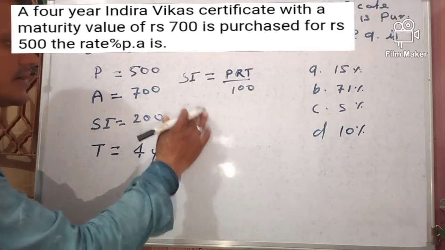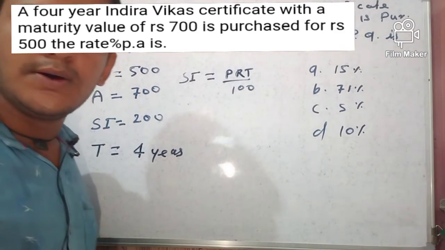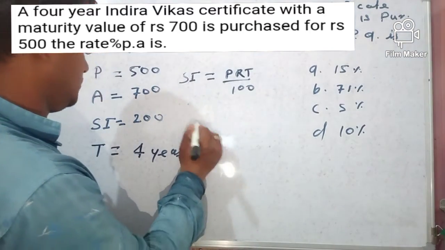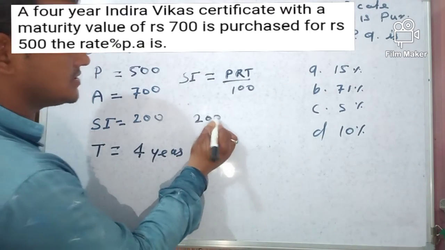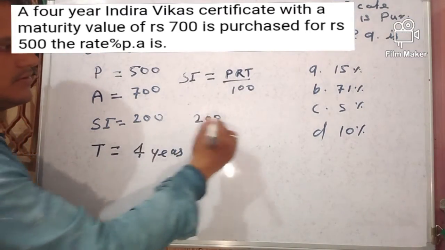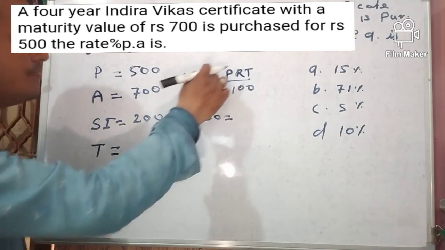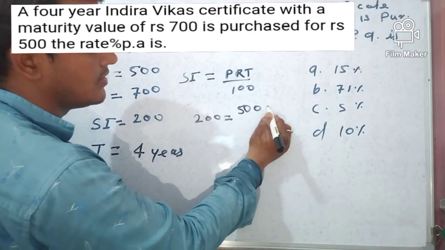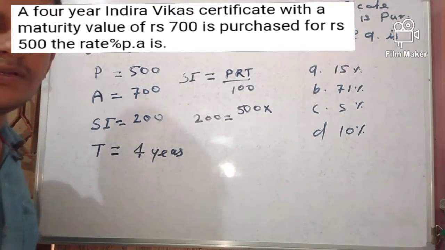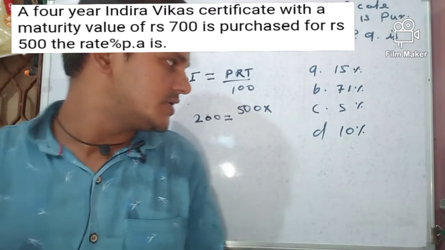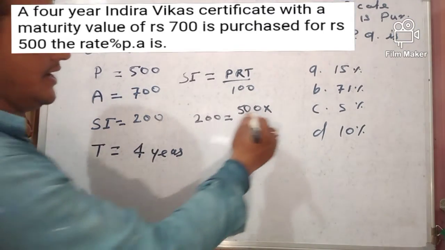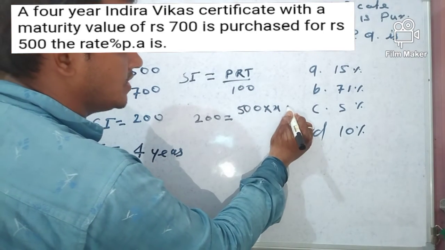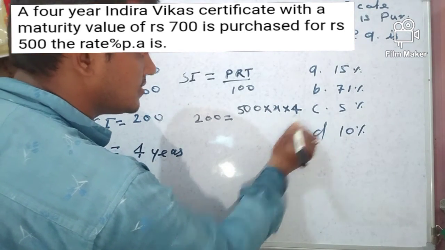So simple interest 200 equals principal 500 times rate of interest, which we don't know, so keep it as X, times 4 years, by 100.